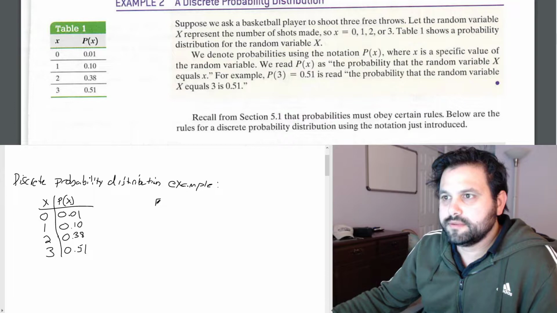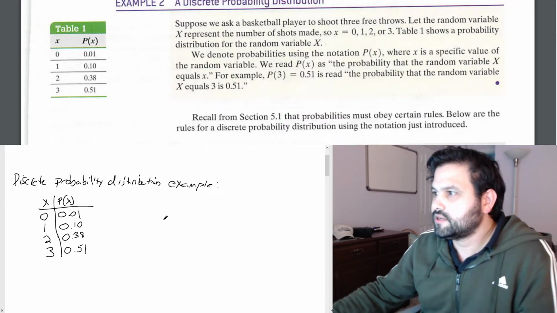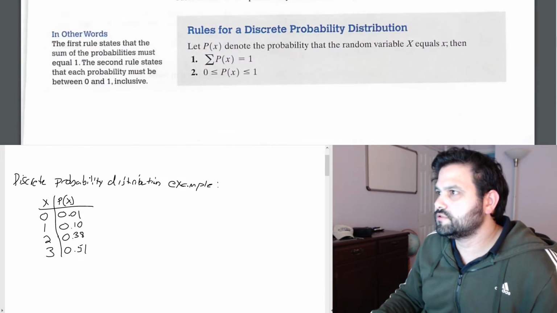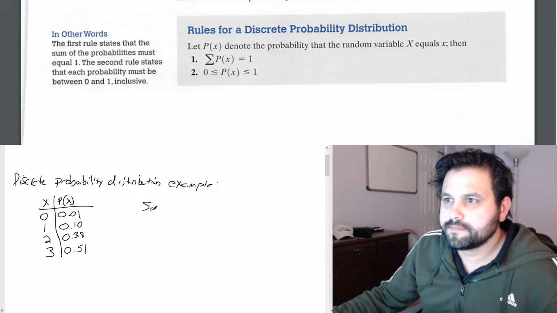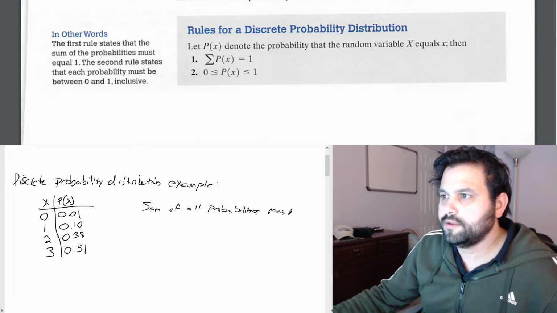Let me start actually with the other one. So because the book has these two rules, which we've gone over, the first one is the sum of all the probabilities must equal 1.